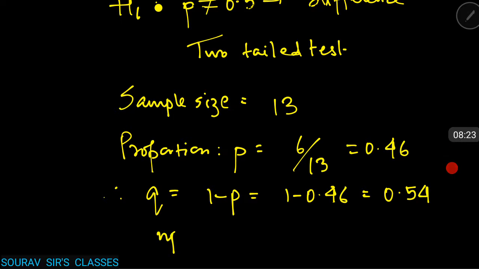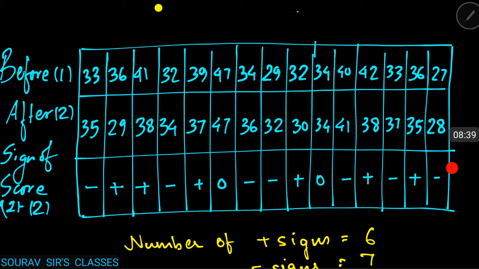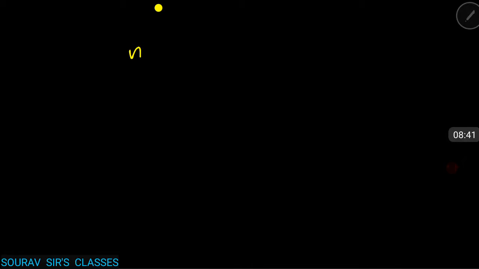Here, NP is equal to 13 into 6 by 13, which is equal to 6. Similarly, NQ is equal to 13 into 7 by 13, which is equal to 7. These are both greater than 5, so we use the normal distribution to approximate the binomial.